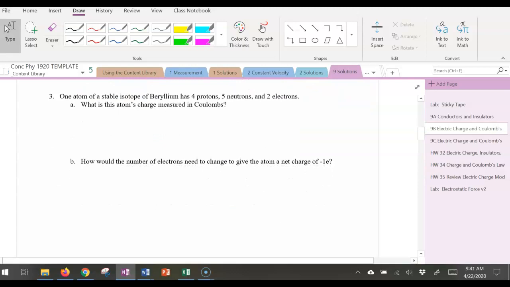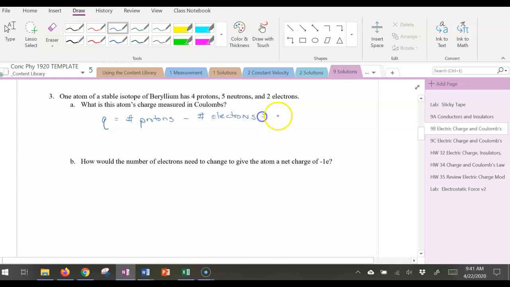Let's look at number 3. Here we've got one atom of a stable isotope of beryllium, and they're telling me that this atom has 4 protons, 5 neutrons, and 2 electrons. So what is the atom's charge? Well, I know that the charge equals the number of protons minus the number of electrons.